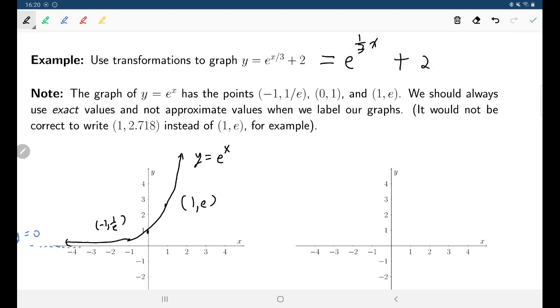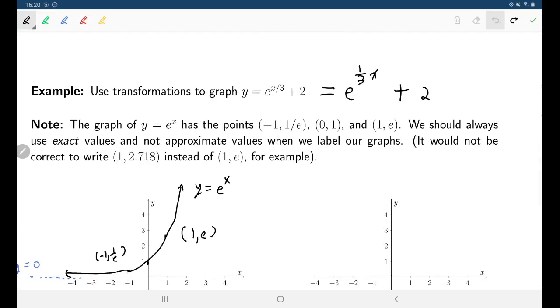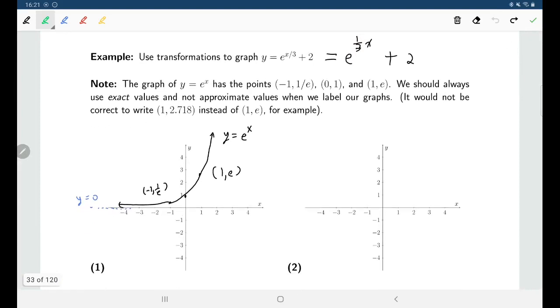So what that means is, of course, when we have a number multiplied by the x, that is a horizontal stretch or compression. And we'll need to remember that what will happen here is instead of multiplying every x value by 1/3, we'll be doing the opposite. We'll be dividing every x value by 1/3, which is the same thing as multiplying every x value by 3.